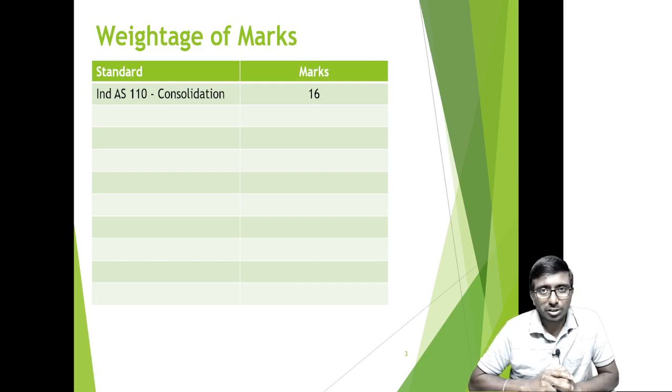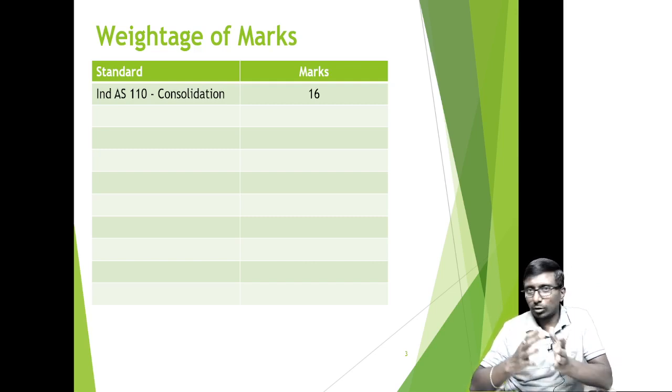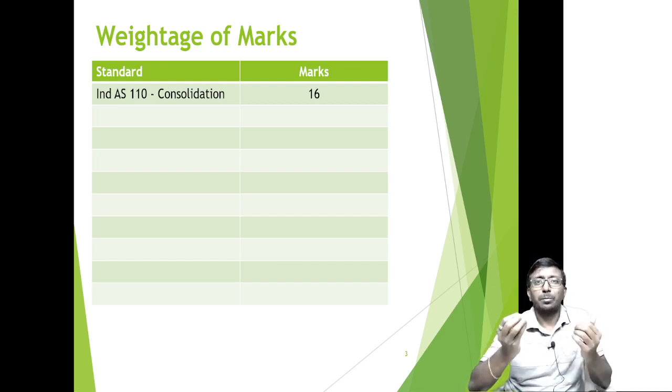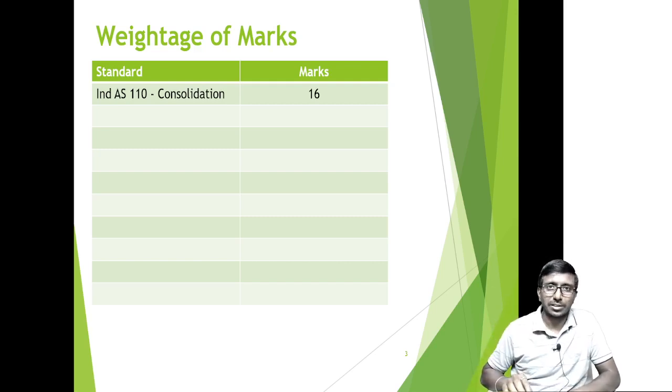And the adjustments with respect to this consolidation are also not something great. It is as usual, and whoever has practiced those questions must have answered it perfectly. This is not something difficult. It is a very easy and very straight question. There are no intricacies in this sum, actually speaking.